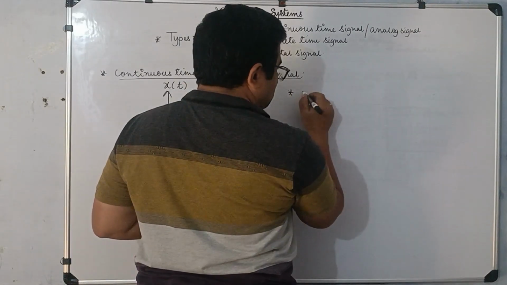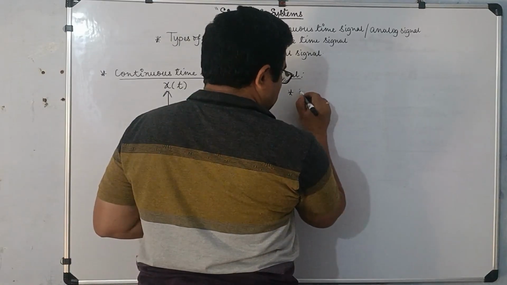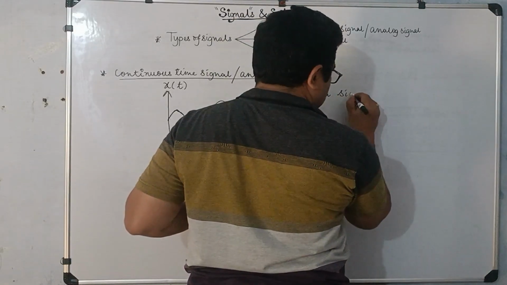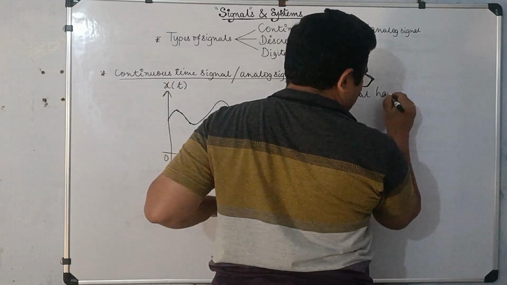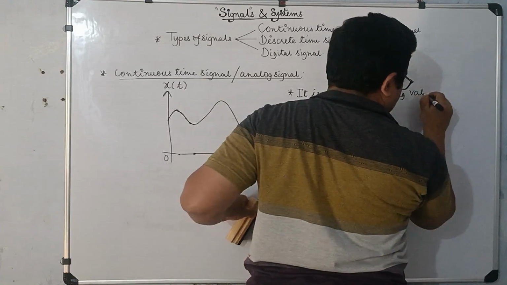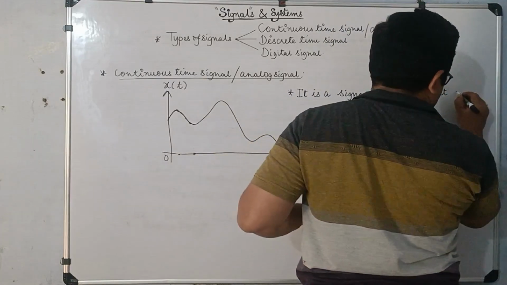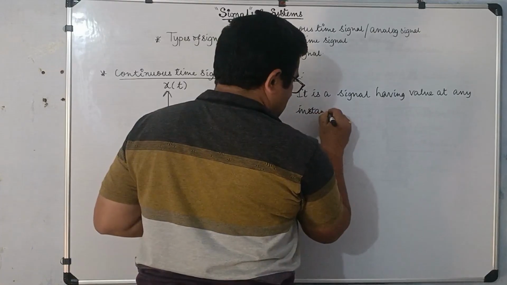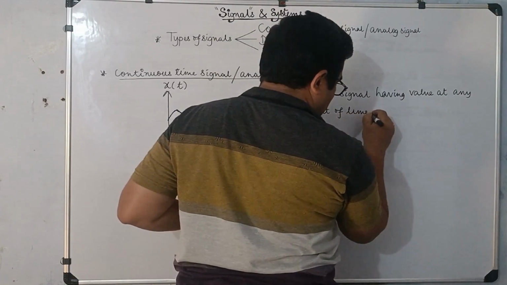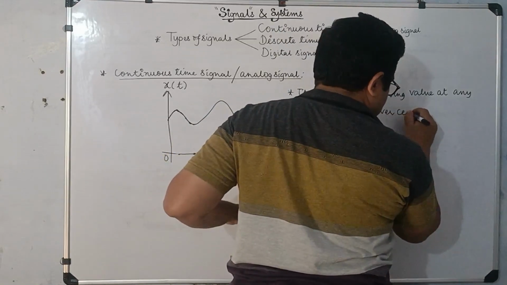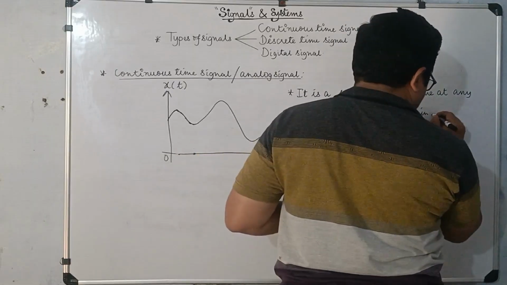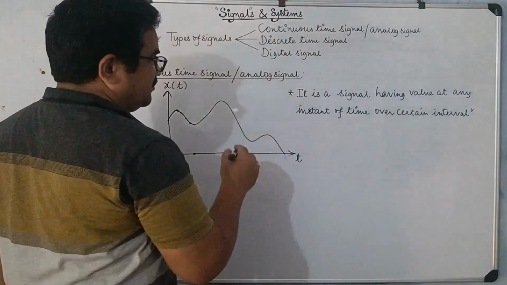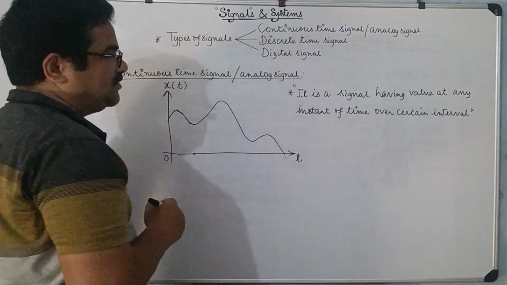A continuous time signal is a signal having a value at any instant of time over a certain interval.